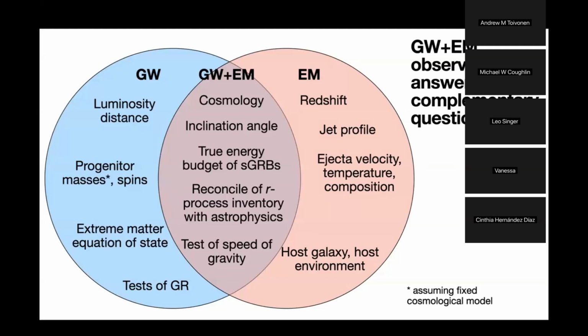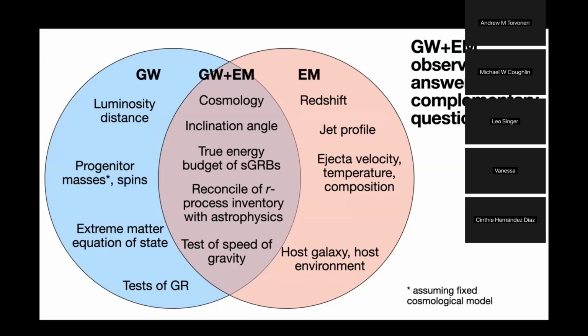When the merger produces a gamma ray burst, the gamma ray burst shocks the medium around the merger, and the opening angle of that jet is something that we can measure from the light curve. But combining that with gravitational waves, we also get the inclination angle of the binary.